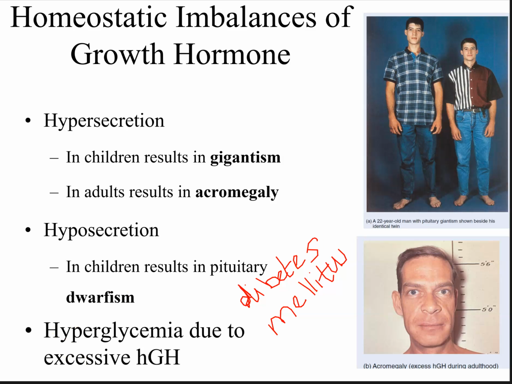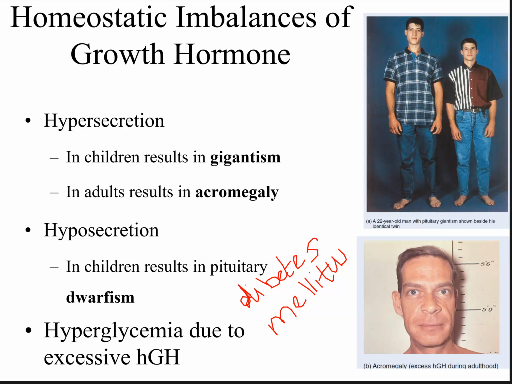Okay, so mellitus means honey-like or sweet. So when a person has diabetes mellitus, their urine is basically sweeter in taste, and that was the way people tested for diabetes way back in the day when they didn't have a means or a test of the lab. So diabetes mellitus is a type 2 diabetes, and it is caused due to beta cell burnout when we don't have enough insulin.